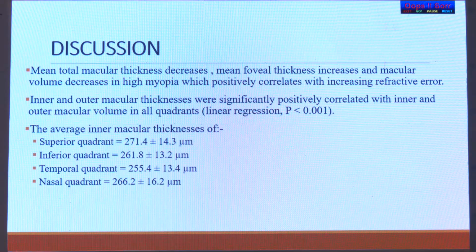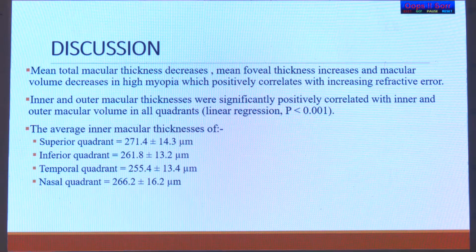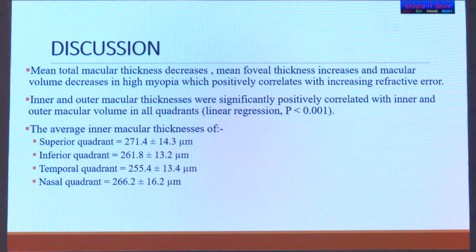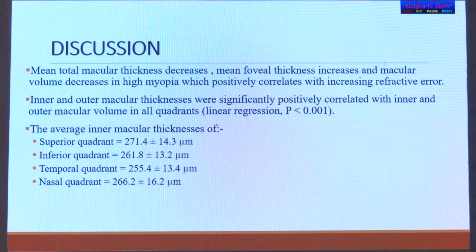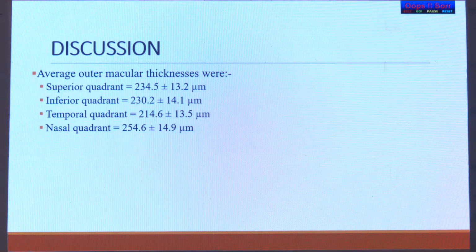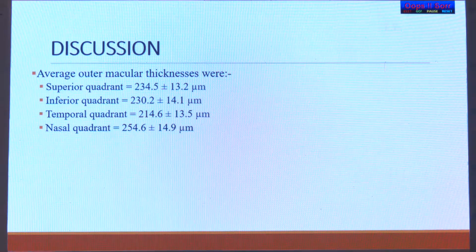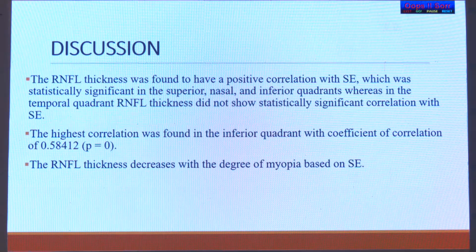Then the average inner macular thickness in the superior quadrant was 271.4 plus minus 14.3, and according to that, the average macular thickness in the superior quadrant was 234.5 micrometer.